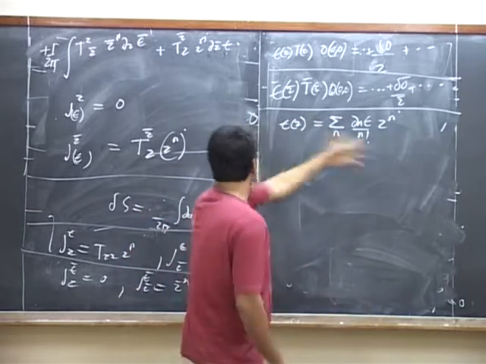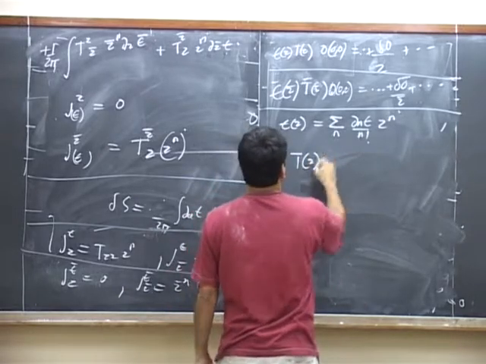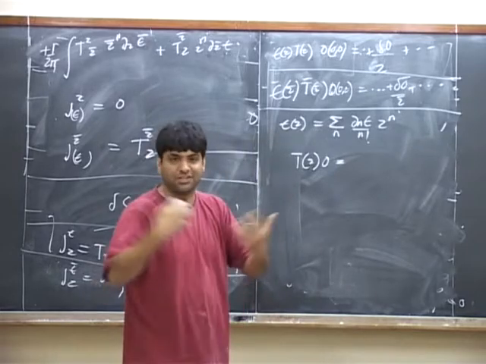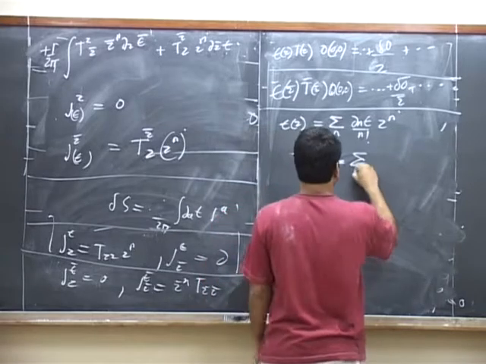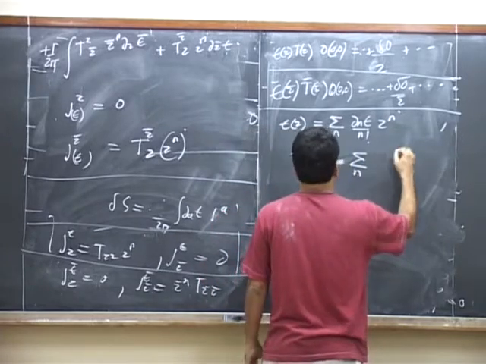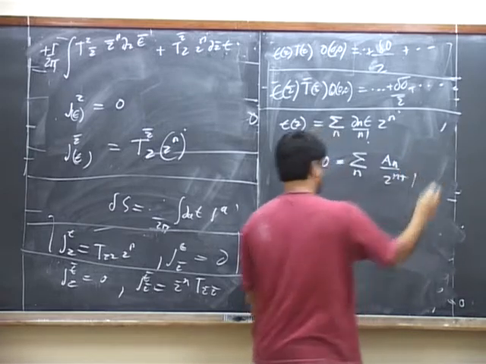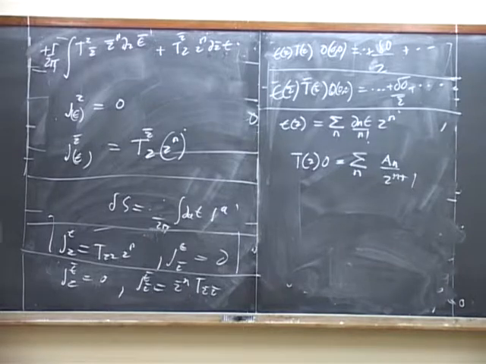And suppose T z with O has the following singularity structure in correlation functions, namely, it's the sum over n of a n by z to the power n plus 1.